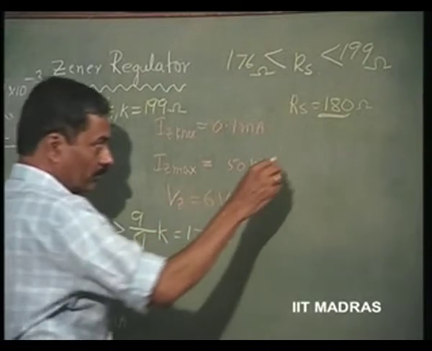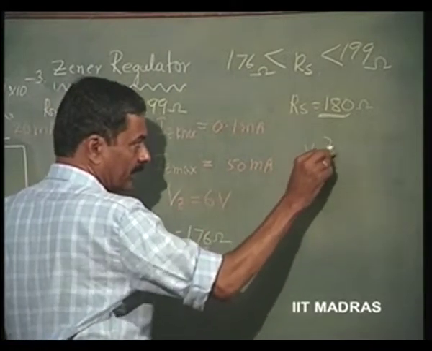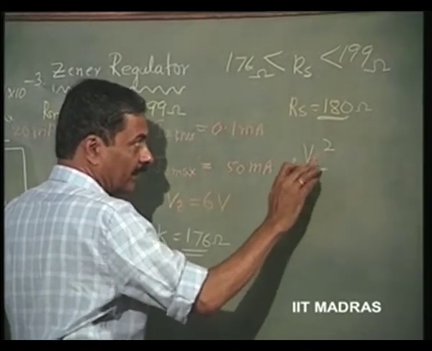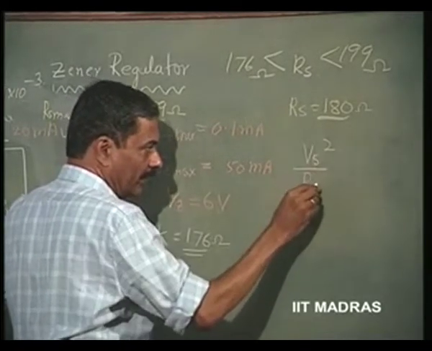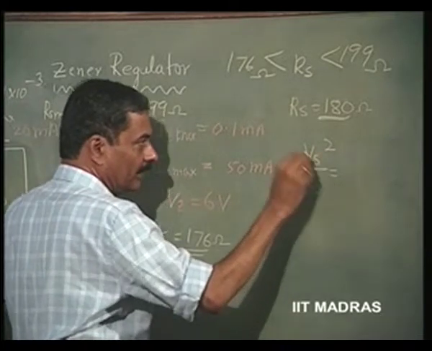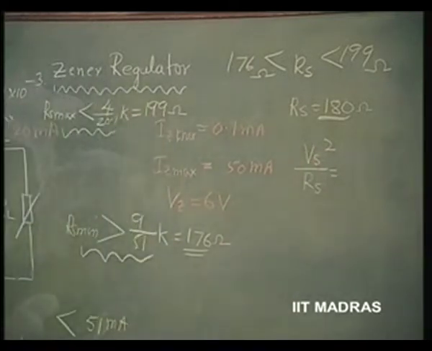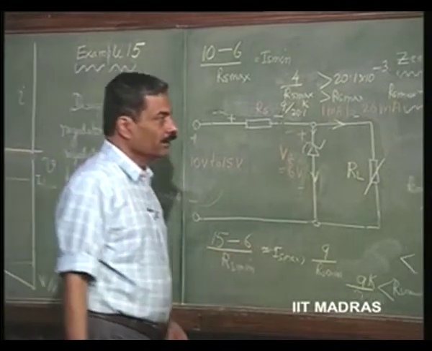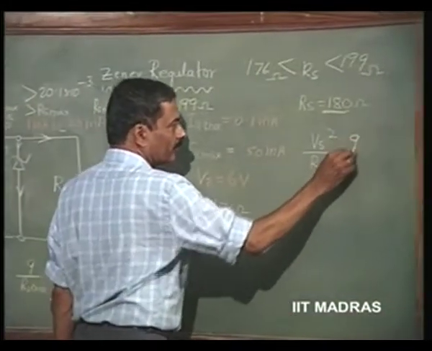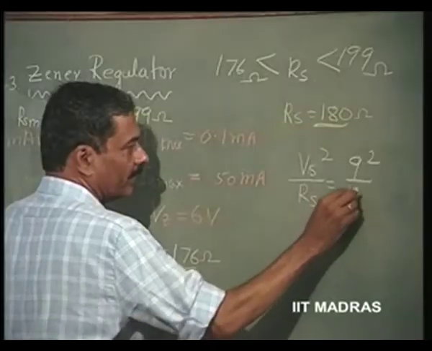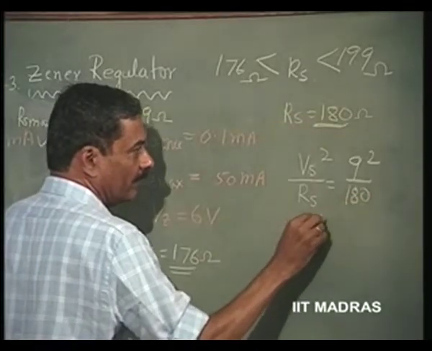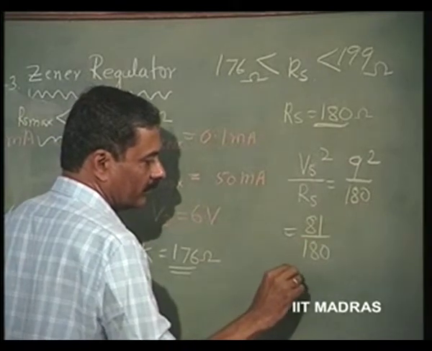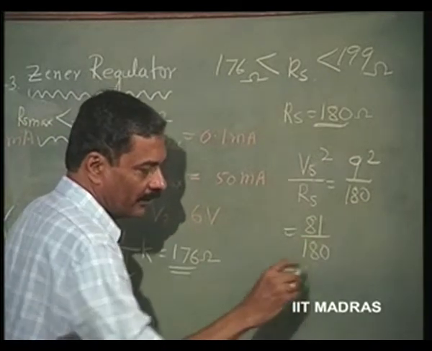So, the power dissipation in the resistance maximum is Vs squared divided by Rs, the maximum drop across this is when this is 15 volts minus 6, that is 9 squared divided by 180 ohms, which is 81 by 180 ohms, which is equal to 450 milliwatts.